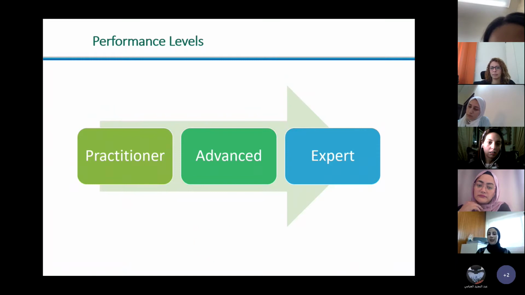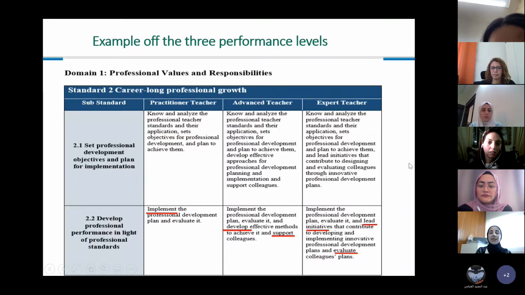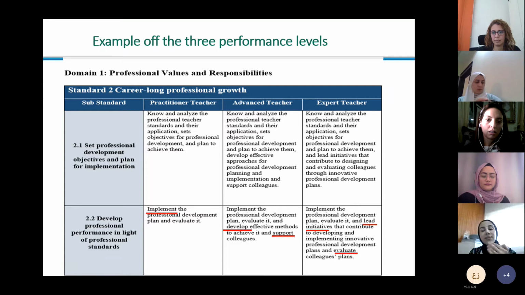As we said before, I have 3 performance levels, which are practitioners, advanced, and experts. At the beginning of the workshop, I told you to be careful, because all of them are implementing, but one of them is implementing or doing something a little bit more.